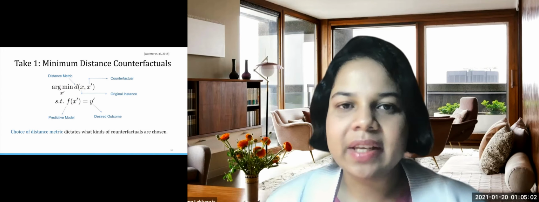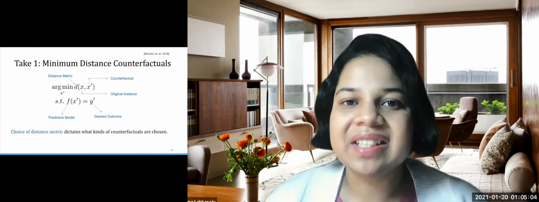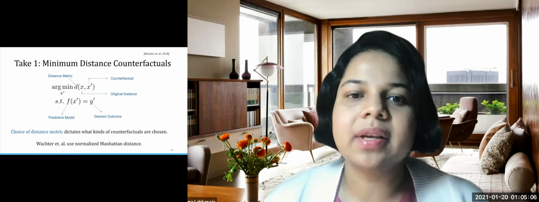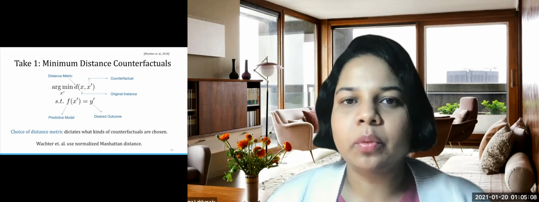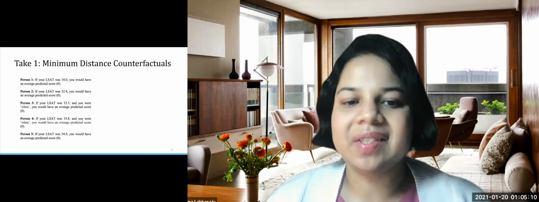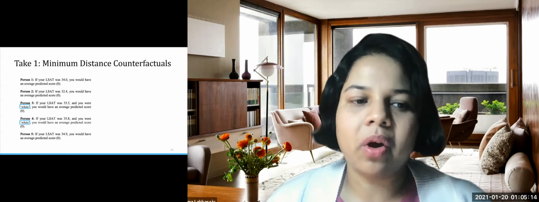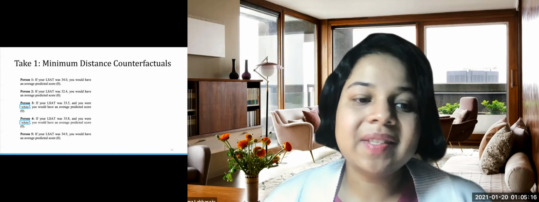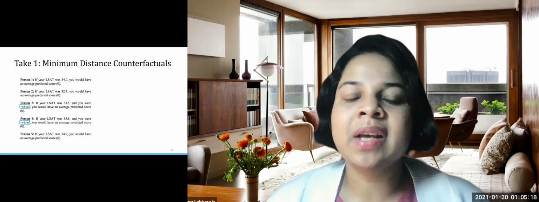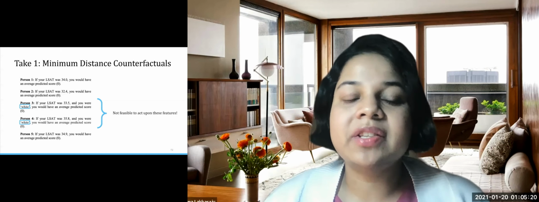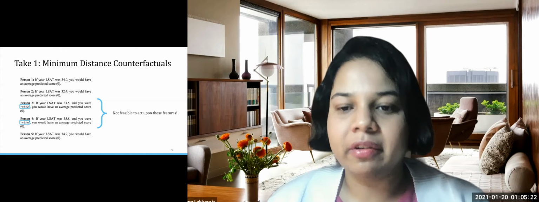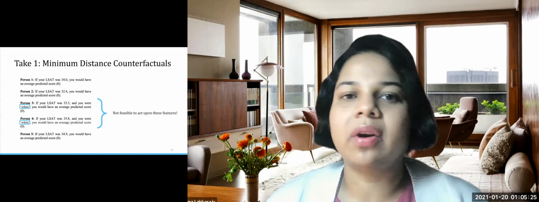Now, it's easy to see that the choice of the distance metric dictates what kinds of counterfactuals are chosen, and Wachter et al. advocate for normalized Manhattan distance. Here are some examples of the counterfactuals generated by Wachter et al. And what we see in a couple of these cases is it is asking individuals to change their race to obtain recourse, which, as we all know, is not feasible.